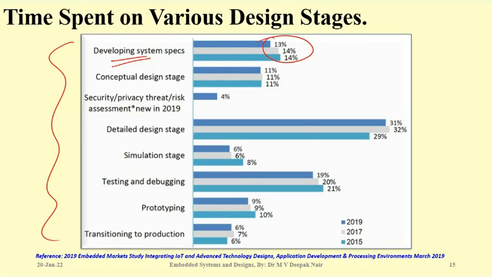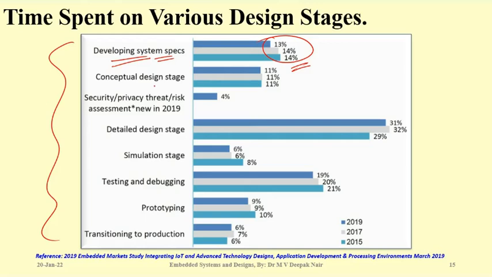If you are assuming that you will complete a project in 100 hours, keep at least 15% of your time, or at least 15 hours, to discuss the specifications of your system with your team. What are the specifications that we are going to achieve?